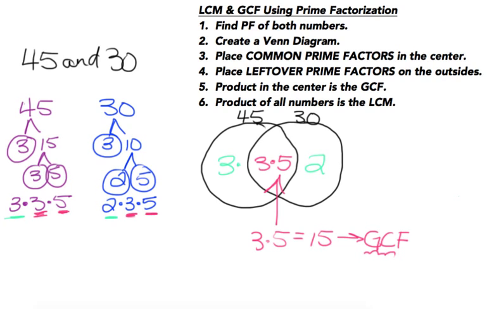Then looking at the last step, the product of all the numbers in our Venn diagram, this whole string, I'll write off to the side: 3 times 3 times 5 times 2. 3 times 3 is 9, 9 times 5 is 45, 45 times 2 is 90. That is our LCM. If we've done it correctly, this will always work.